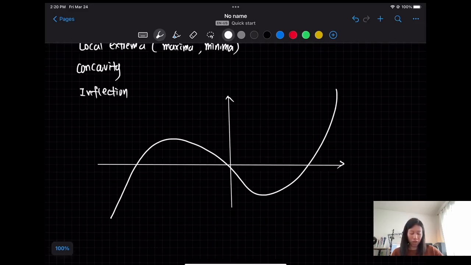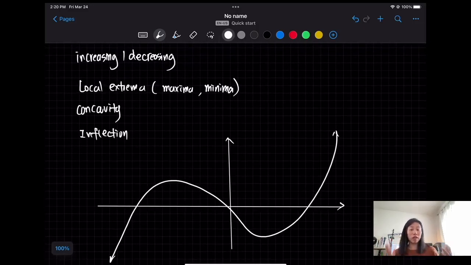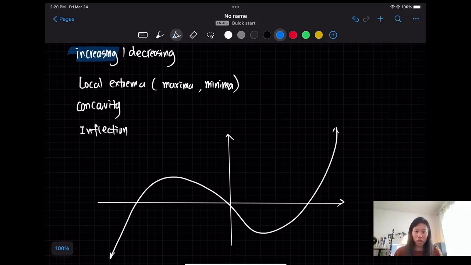I have a graph. When you look at this graph, let's talk about which part is increasing and which part is decreasing. For increasing, I'm going to use a blue highlight. Increasing is as x gets bigger, y gets larger.